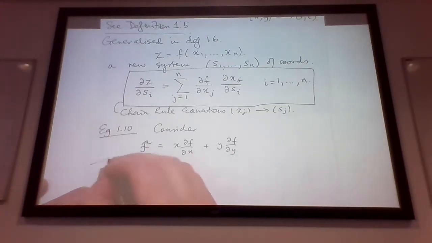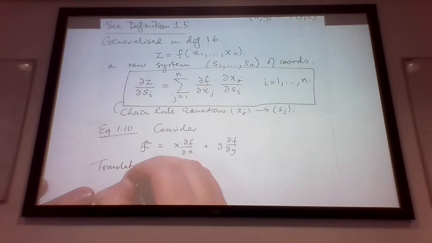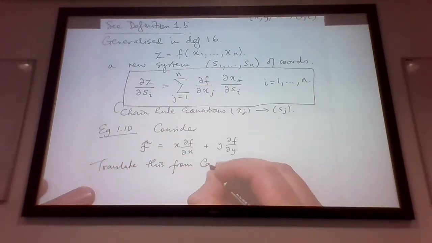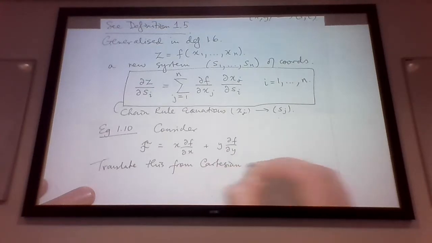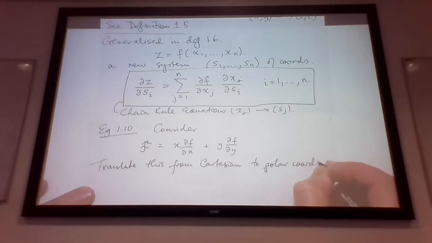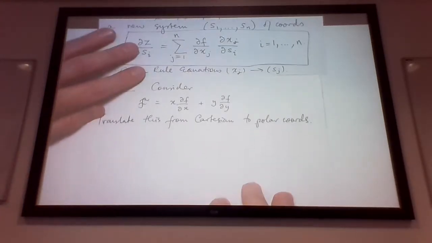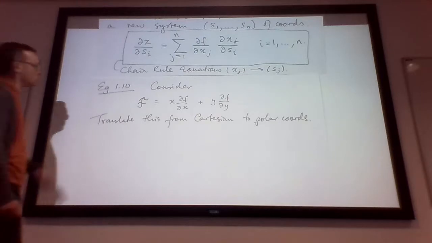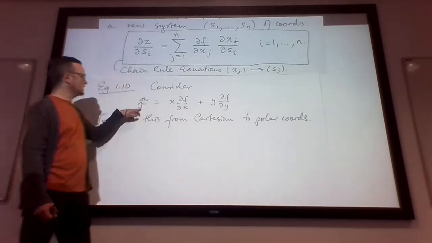So consider this, and we want to translate this from Cartesian to polar coordinates. Okay. So this is the task. So we want to find out what's the equivalent expression for curly f here.